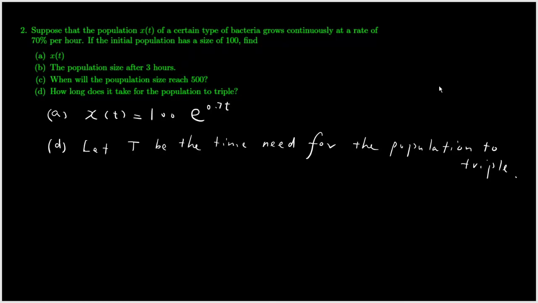Actually, the following argument is true for any time. I mean, starting from any time, the time needed for the population to triple is always the same.